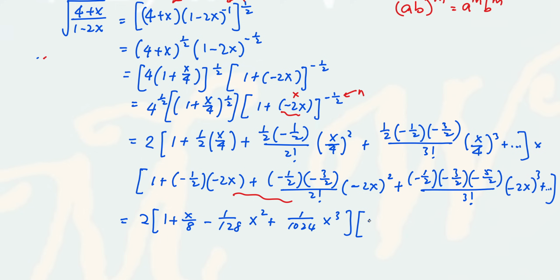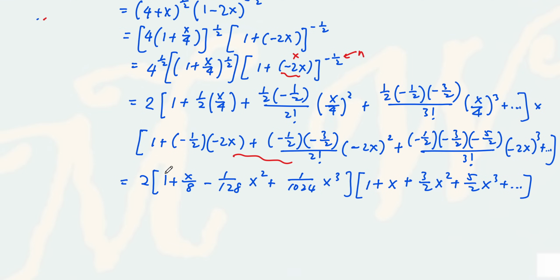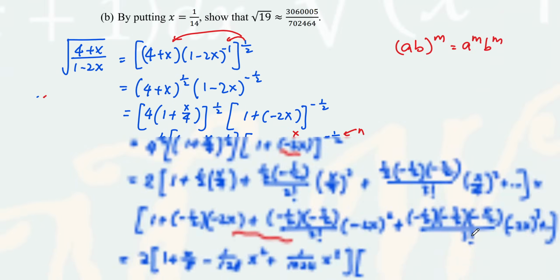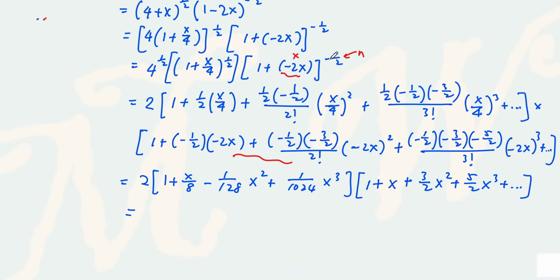This is going to be 1 plus x plus 3 over 2 x squared plus 5 over 2 x cubed. Since we need the first 4 terms, that means it will be up to x cubed.